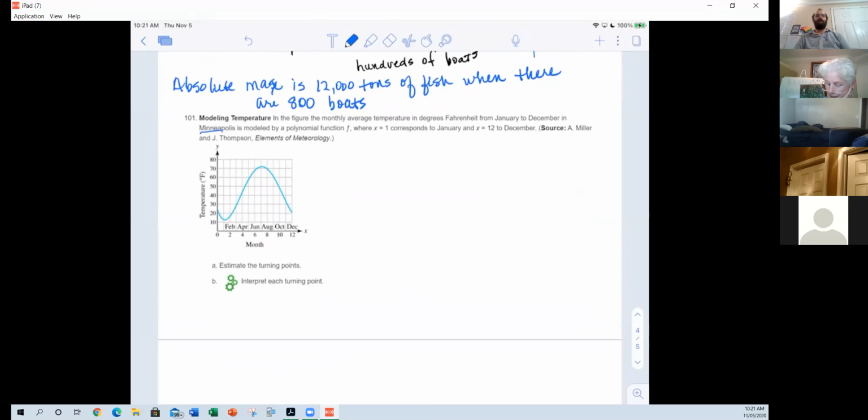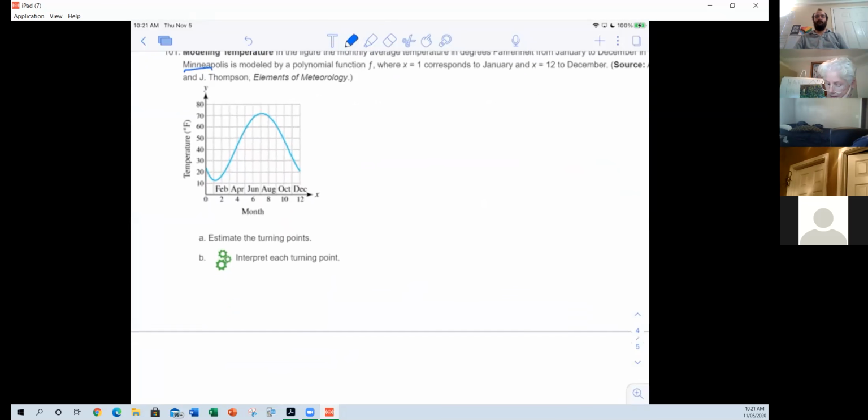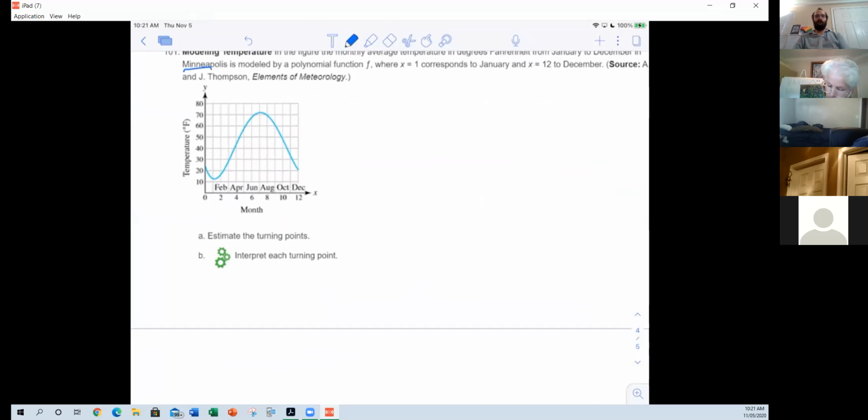Estimate the turning points. So what do we think the turning points are? What do y'all think? What does this point look like? First one would be 1, 11.